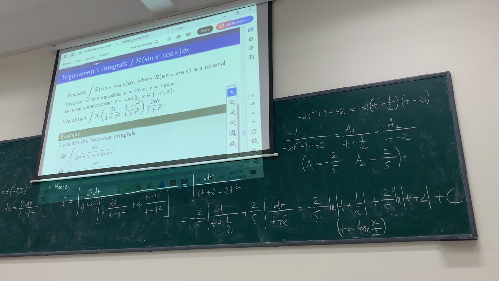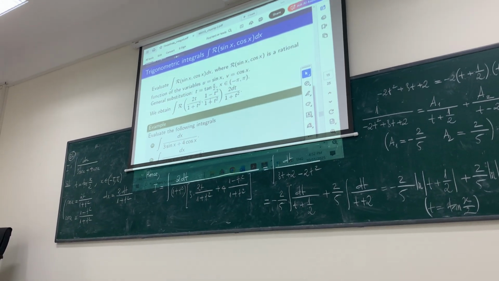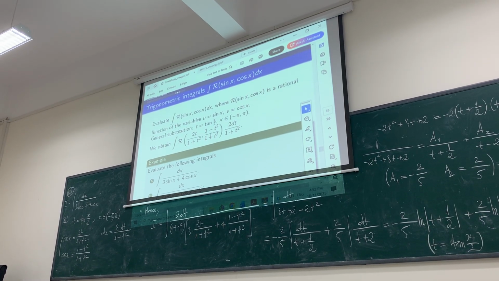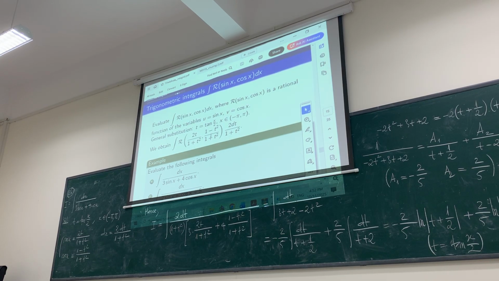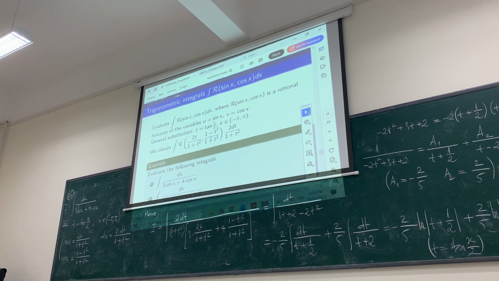Okay, we estimate the trigonometric integral by the general substitution t equals tangent x over 2. But somehow, in special cases, we have simpler substitutions.